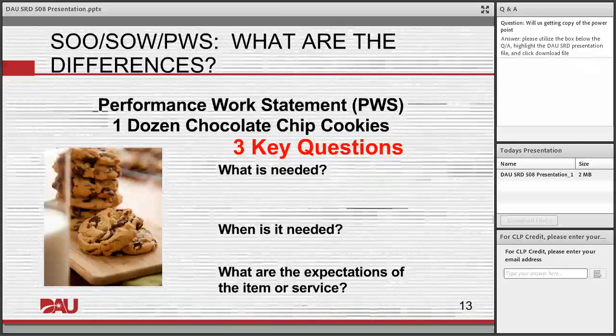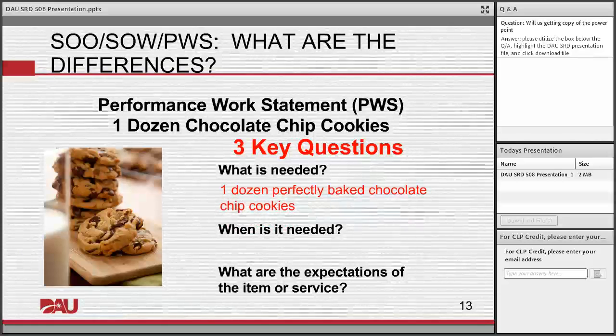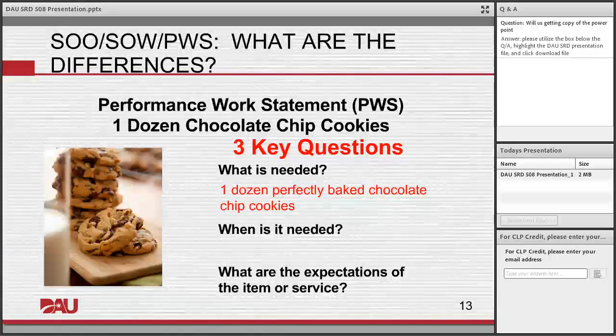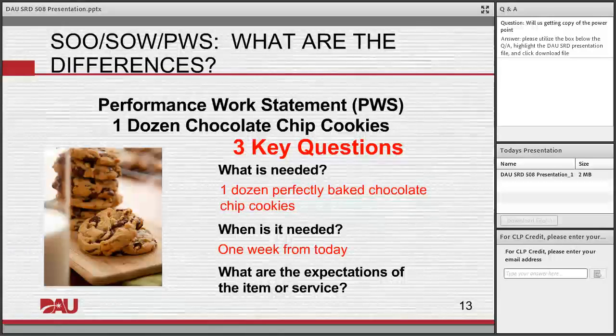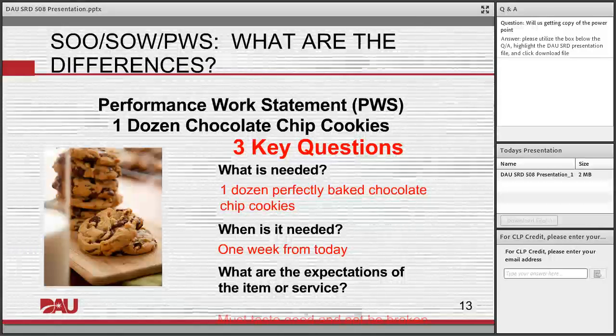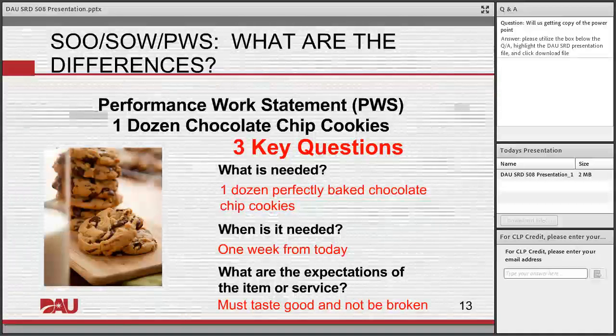So the first is, what is needed? So our answer to that one is 1 dozen perfectly baked chocolate chip cookies. When is it needed is the second question, and our answer is 1 week from today. And then what are the expectations of the item or service? And our answer is it must taste good and not be broken.